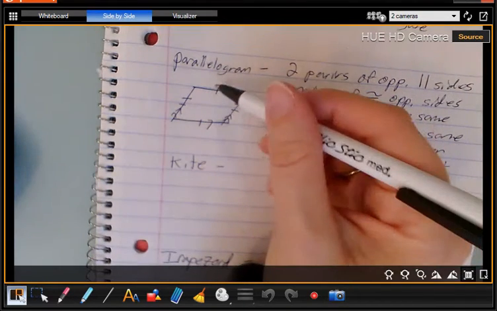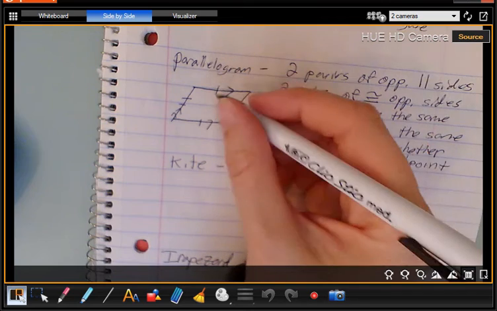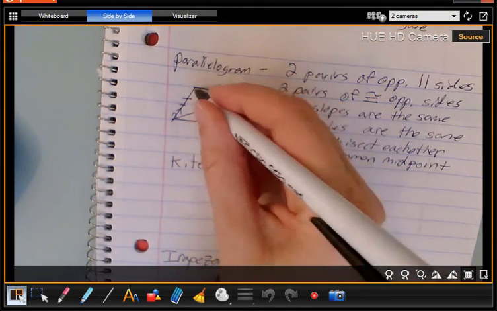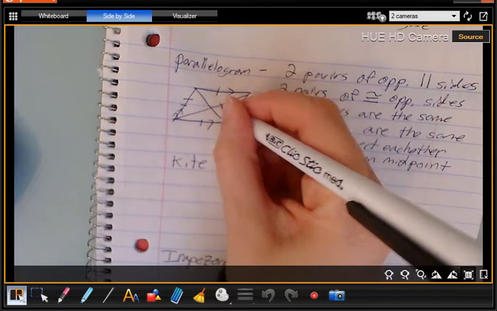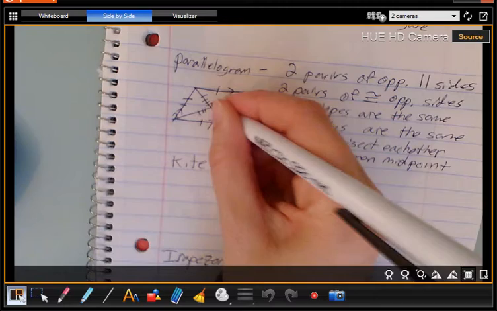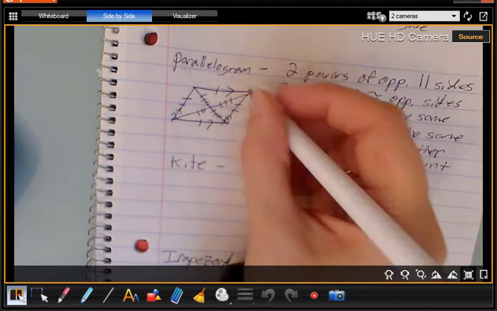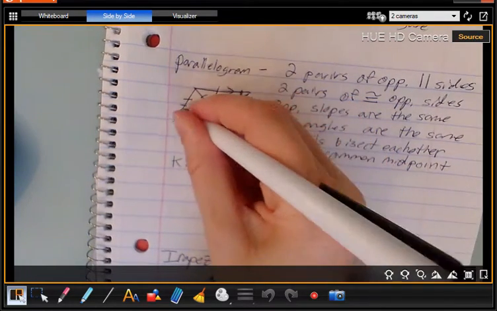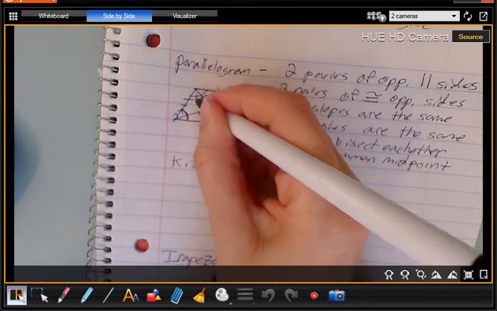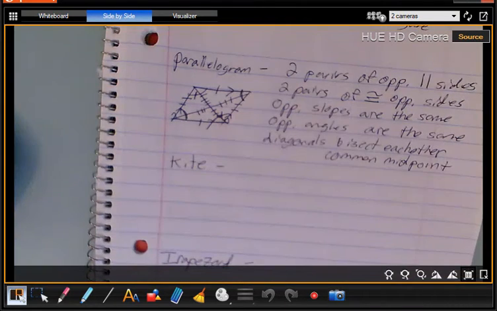So opposite sides are congruent and parallel. Diagonals bisect each other. And opposite angles are congruent. That's a lot of sketching in there, but that's what it would look like if we stated all those things.